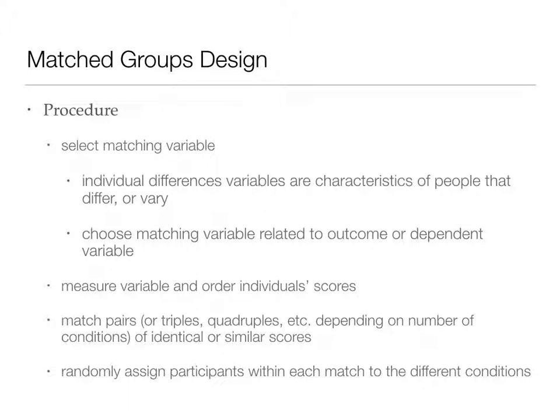So it's kind of like block randomization, where everybody has a random shot of being in each condition, but we're controlling for some subject variable, some individual difference that we think might influence the outcome of our dependent variable. And so we're using this as an additional way to control for those things so that we have better internal validity, so that we can say, no, it is my manipulation of the independent variable that caused this change on the dependent variable. Because at the end of the day, that's our goal.